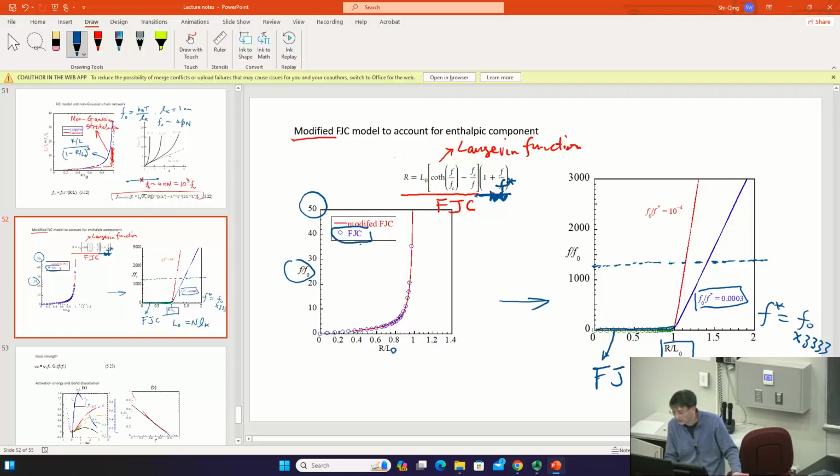Is that 30,000 or 3,000? Actually, it should be 3,000. Yeah, 3,000. That's about there. So basically, I'm just flipping this. F star is F0 divided by 3 times 10 to the 4. That's all it is. Then I get this blue line.